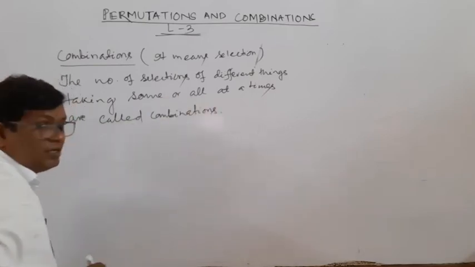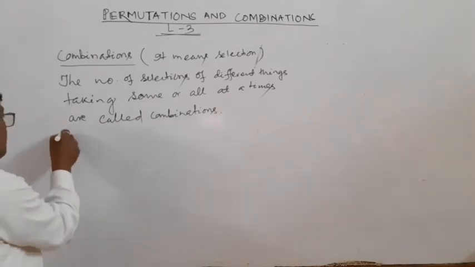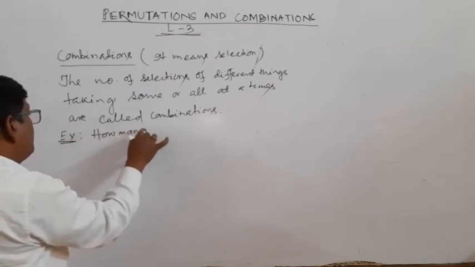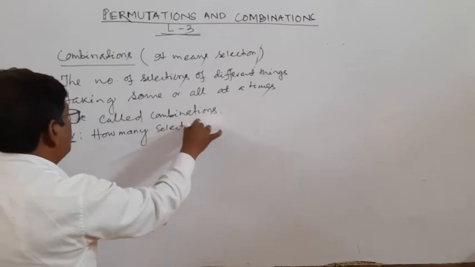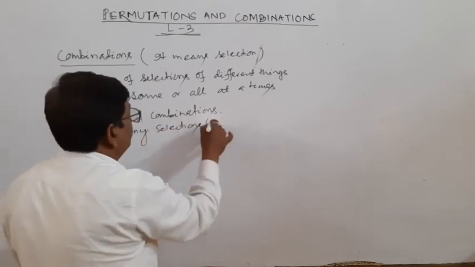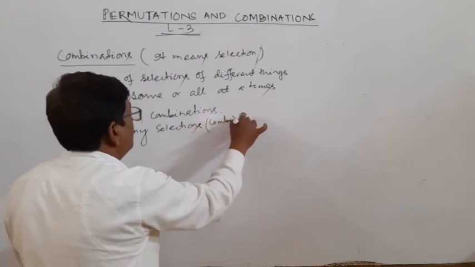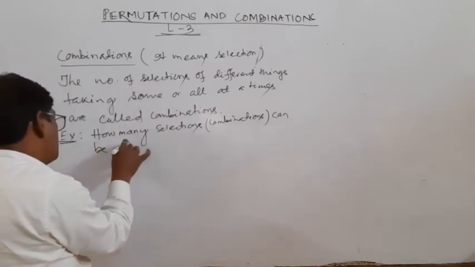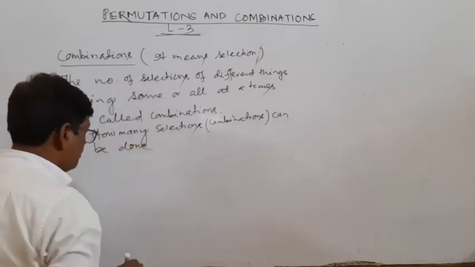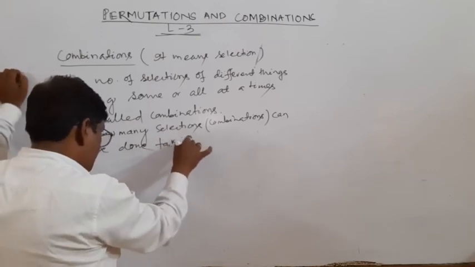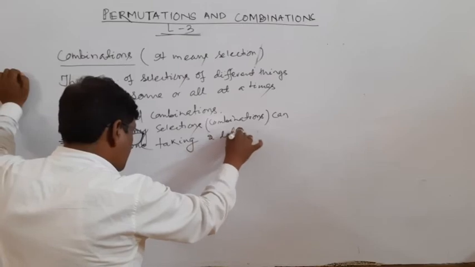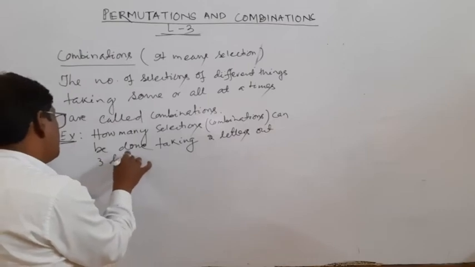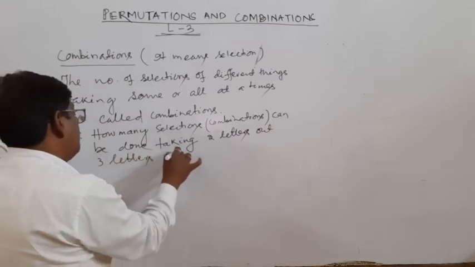For example, how many selections or combinations can be done taking two letters out of three letters A, B, C?